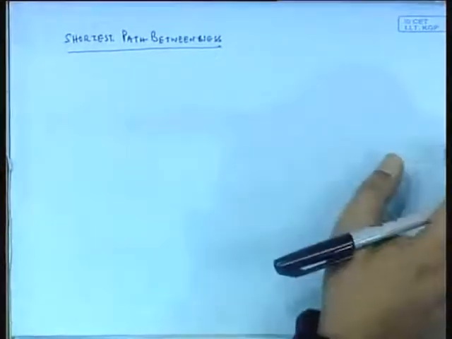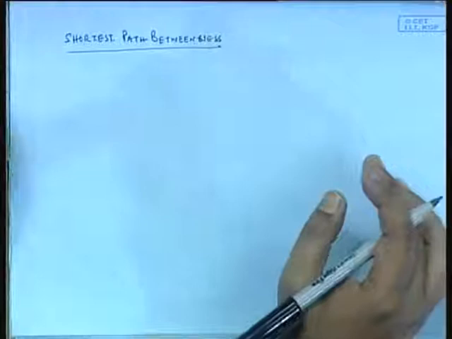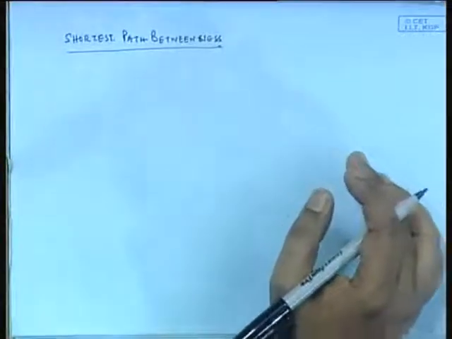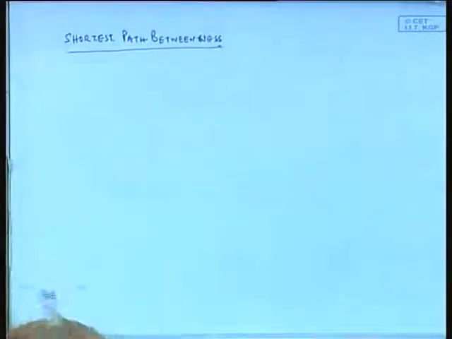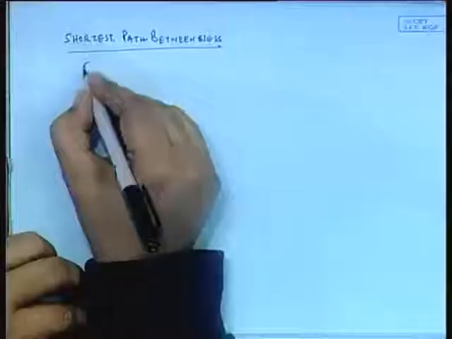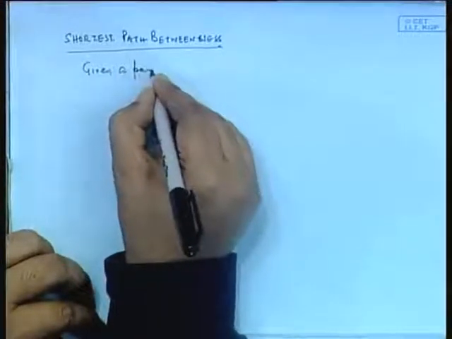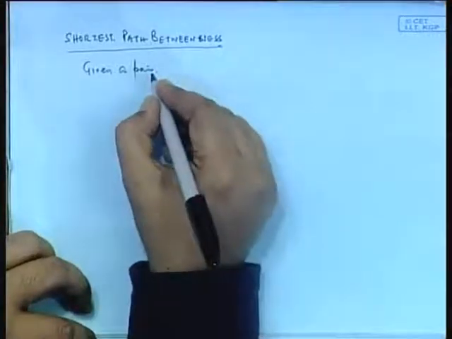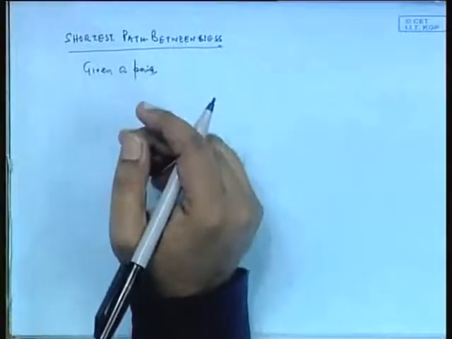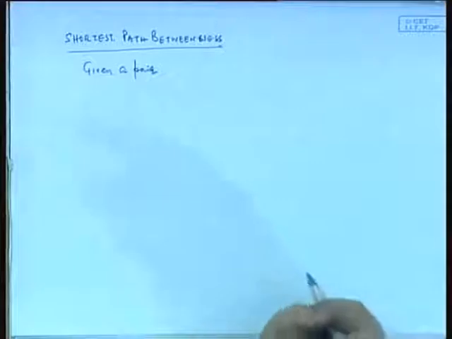So, given a pair, what will be the time taken to calculate the shortest path? It will be m. You run a BFS, so it has to traverse all the edges.